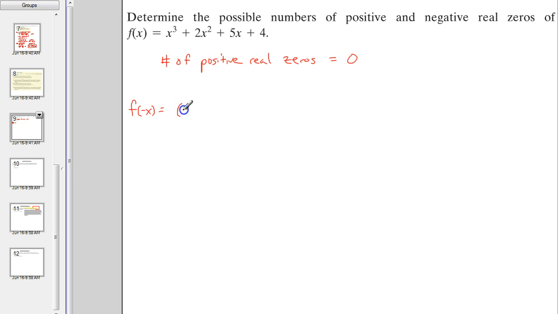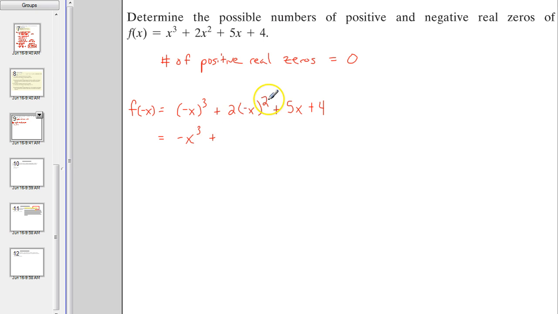Alright, now f of negative x. So I plug in negative x everywhere there's an x. A negative an odd number of times is negative, so this ends up being negative x cubed.